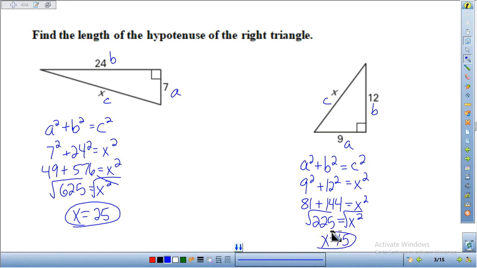When we're all finished solving that second example, we should come up with a length for our hypotenuse of 15.